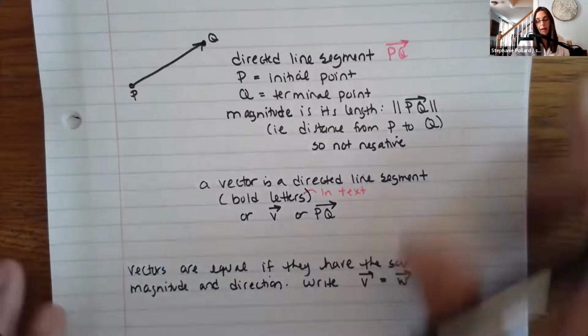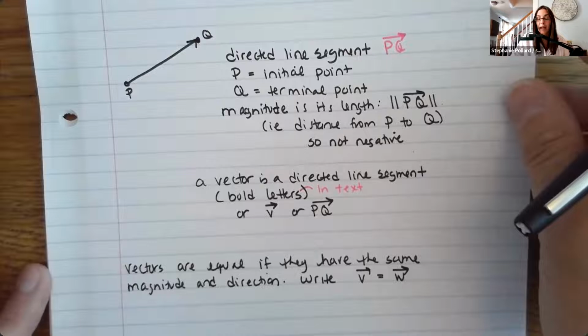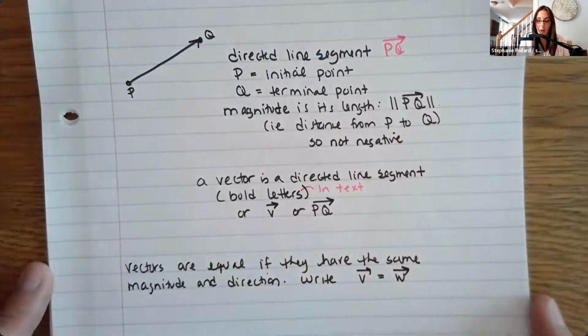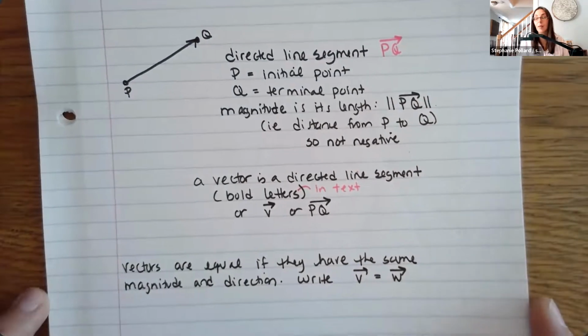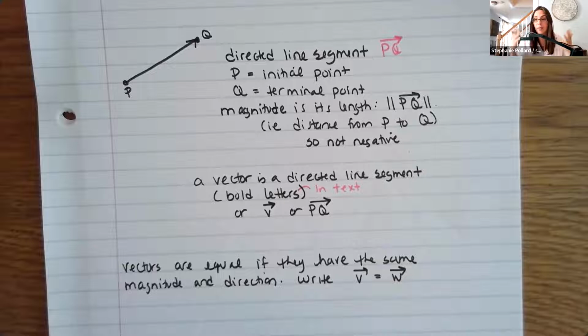I always laugh, well, maybe I should say always laugh here, but I have small children at home, and the Minion Despicable Me movies are ones that we watch. And there's one of them, I think it's the first one, don't quote me, I don't remember anymore, there's so many, where there's another villain named Vector, and there's actually a scene where he says his name is Vector because he has both direction and magnitude.